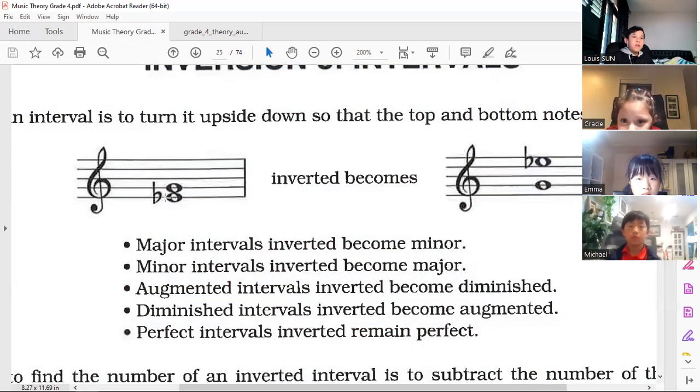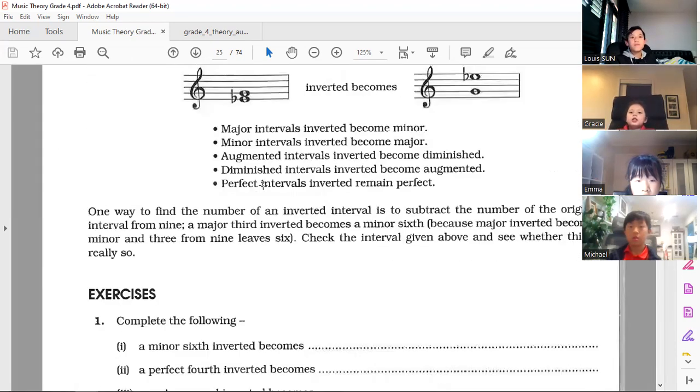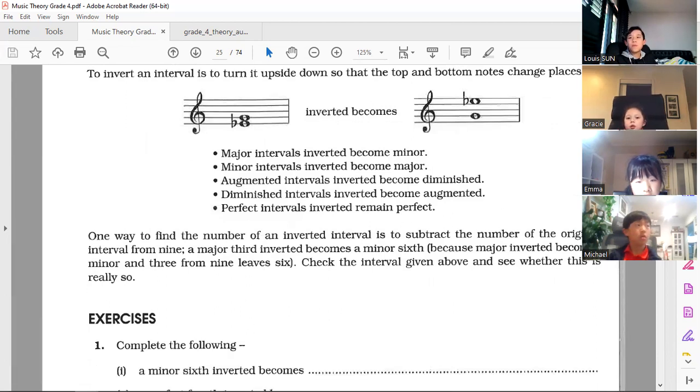So this is a major third, and major intervals inverted become minor. So this is a minor interval, and as we can tell, it is a minor sixth. And 3 plus 6 equals 9. So check that, it becomes correct. Subtract the number of the original interval from 9. A major third becomes a minor sixth. 3 plus 6 is 9. Basic math.